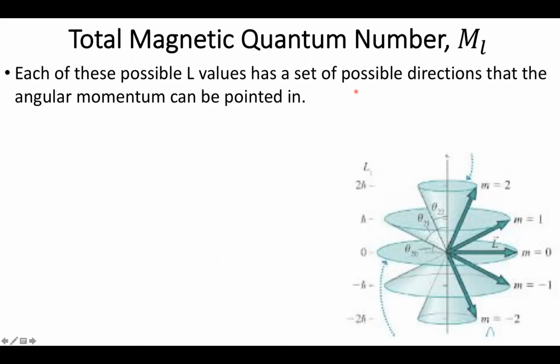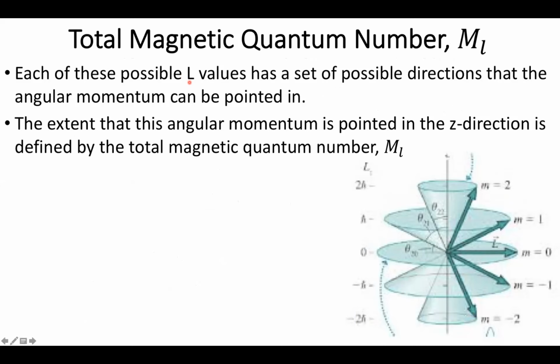And by convention, as usual, we're going to try and quantify to what extent this orbital angular momentum is going to be pointed in the z direction. And we do this using the total magnetic quantum number. Just like the lowercase m sub l, or magnetic quantum number, this is going to tell me what degree of my orbital angular momentum is pointed in the z direction.